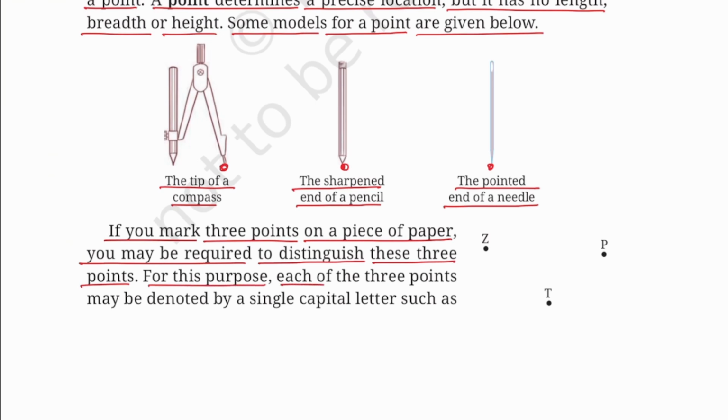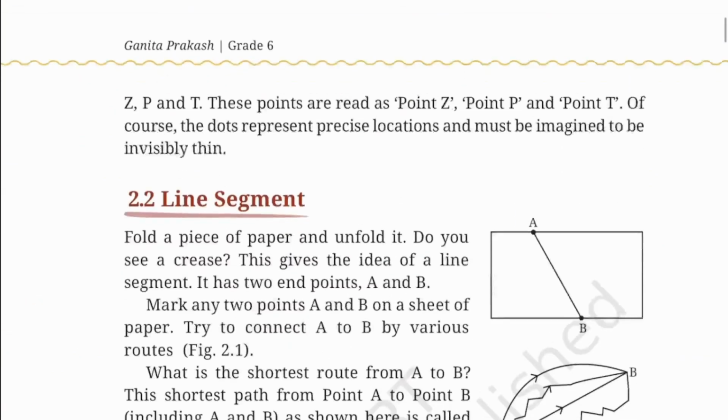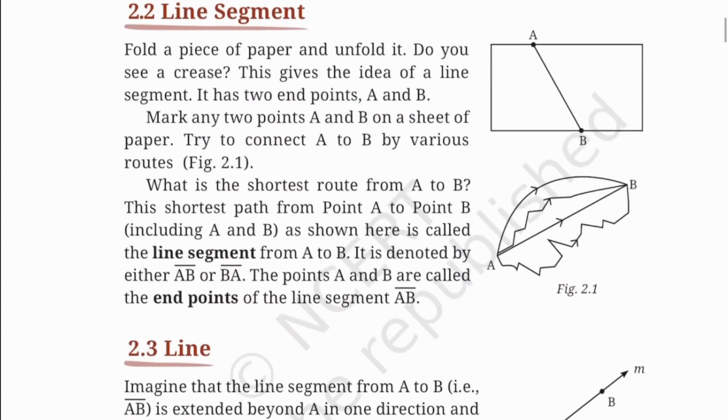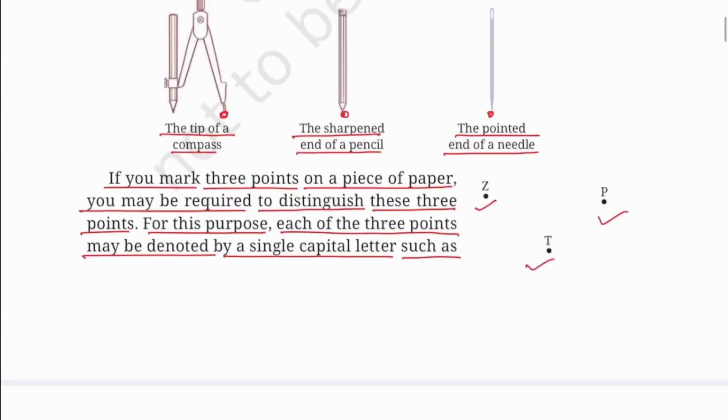For this purpose, each of the 3 points may be denoted by a single capital letter such as Z, T, P. These points are read as point Z, point P and point T. Of course, the dots represent precise locations and must be imagined to be invisibly thin.